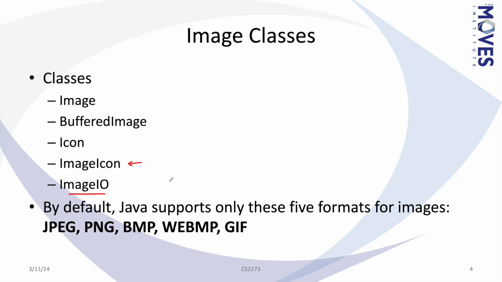Anyway, if you have one of those formats, then you're in business, and pretty much every image is like that. These days, a lot of times when you get an image from the web, there's a WebP format that, as far as I can tell, is not yet supported, but it's easy to convert one into the other.